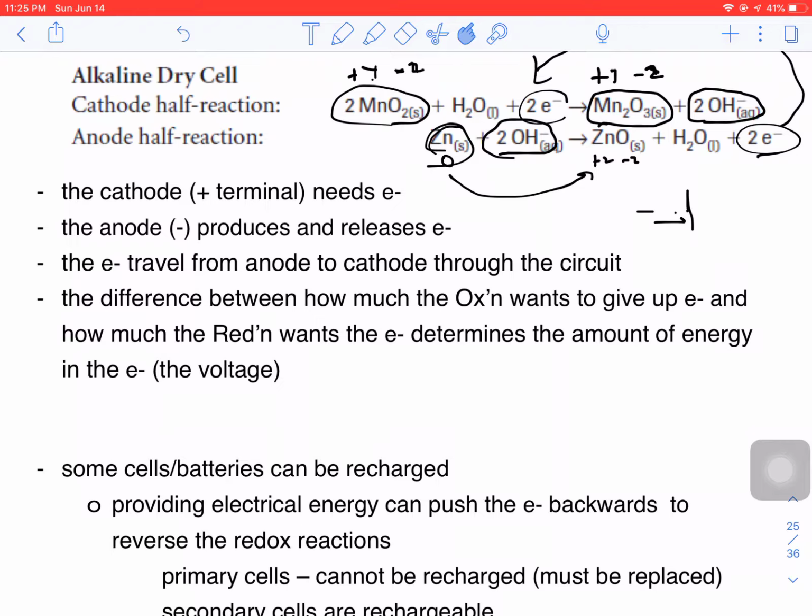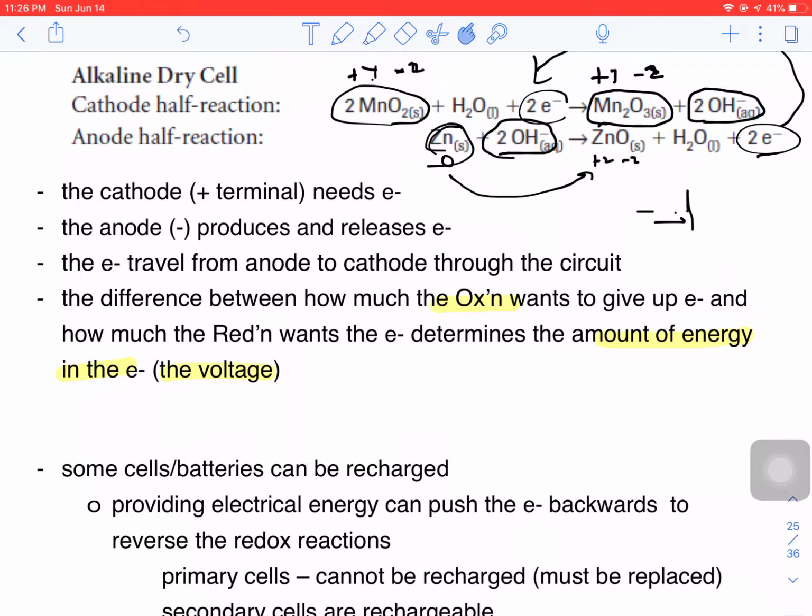Now, like I said earlier, as I choose which metals to use for oxidation and reduction, I can decide how much energy I'm giving the electrons, or how much voltage that cell is going to have.